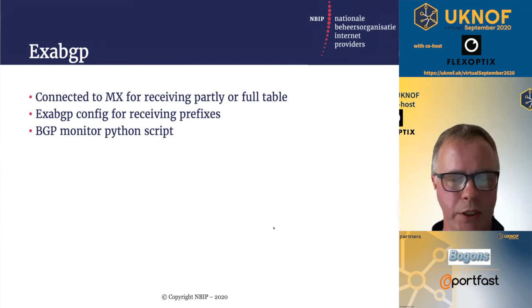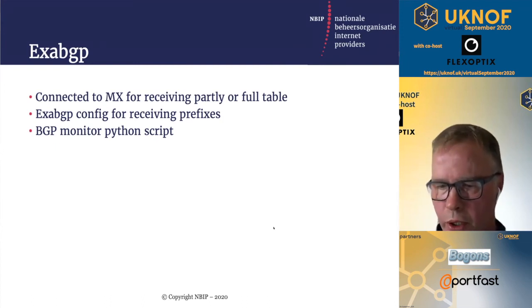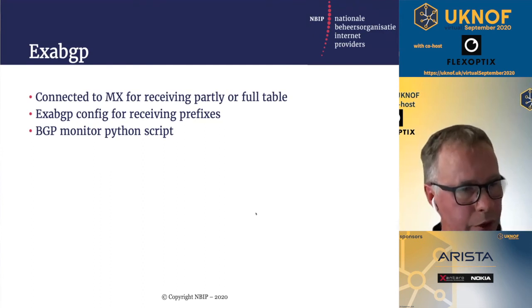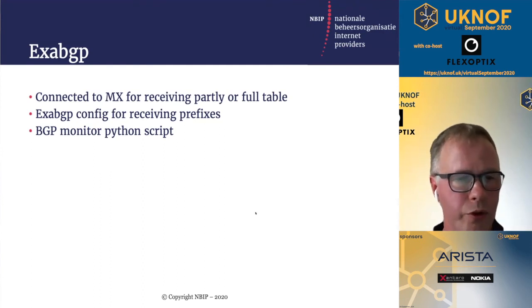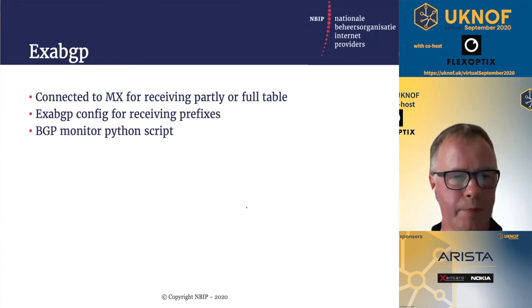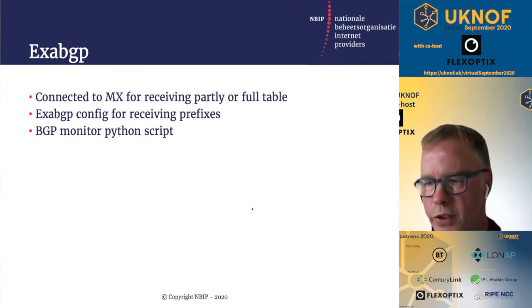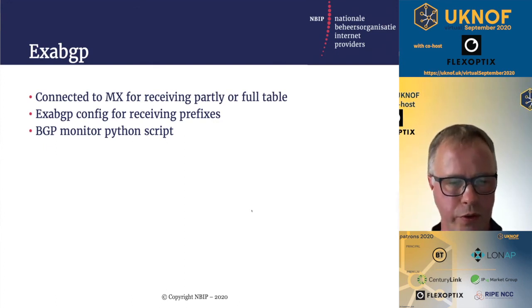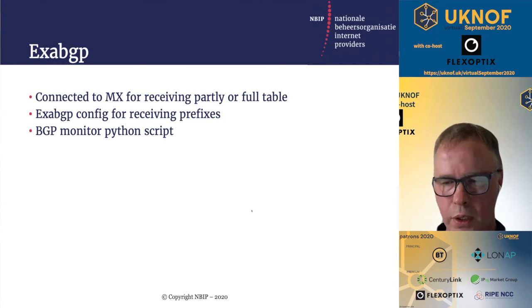ExaBGP, I don't know if you know what it is, but it's a BGP daemon. So it connects to other BGP routers. And it's very simple. It receives and sends through standard in and standard out.